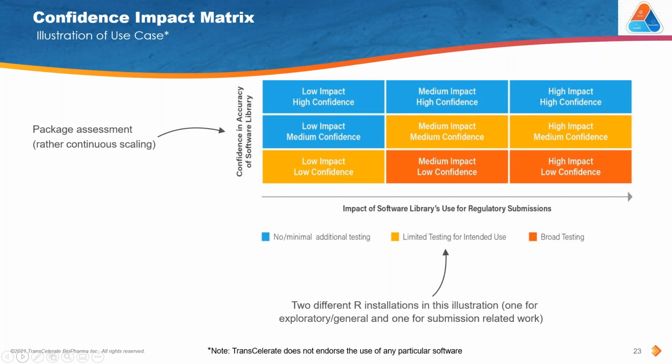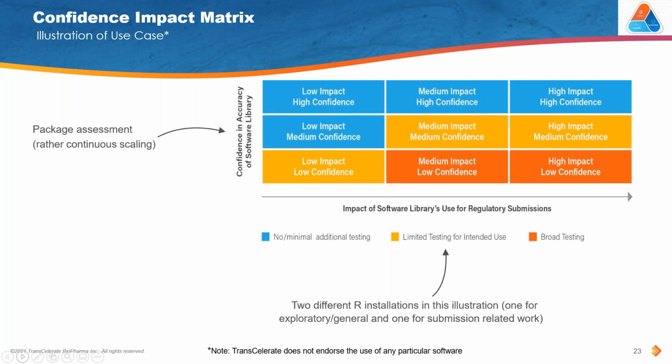It can be categorized to low, medium, or high, and horizontally, it is the intended use of its output. Also can be categorized as low, medium, or high. We'll talk about these two independent factors in more detail in the next two slides, but for now, let's take a minute to look more at this matrix.